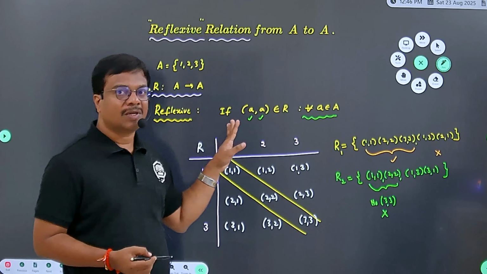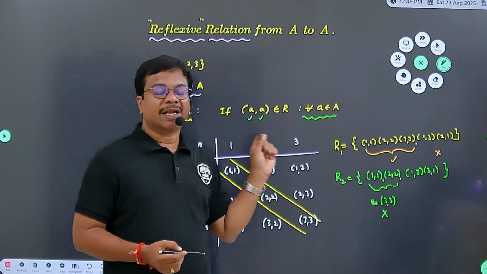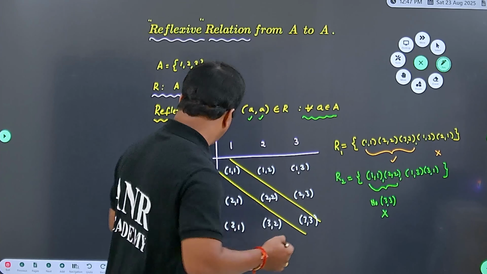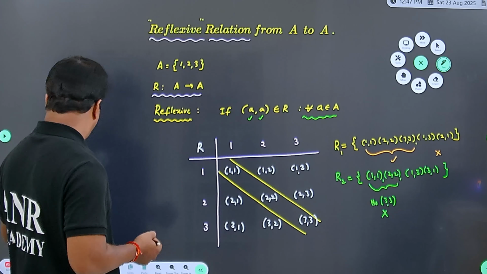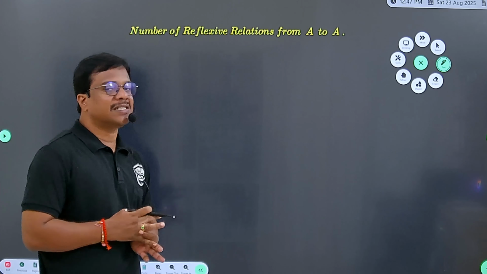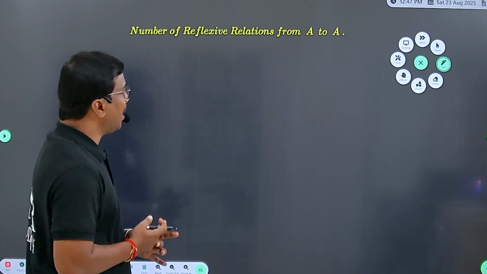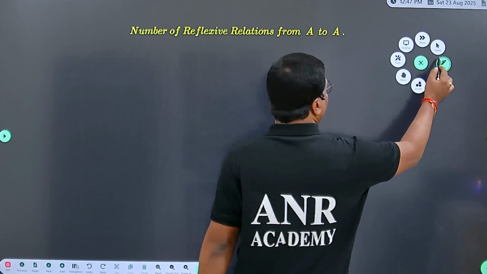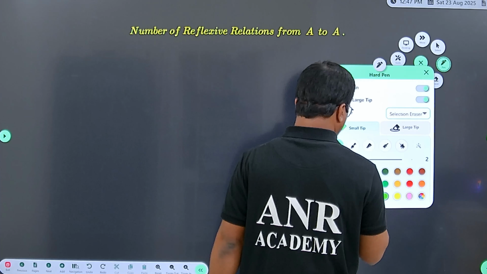Don't bother about the other entries. Other entries may or may not be present. Okay. Now let us move on to how to find the number of reflexive relations from A to A. Yes. See here.